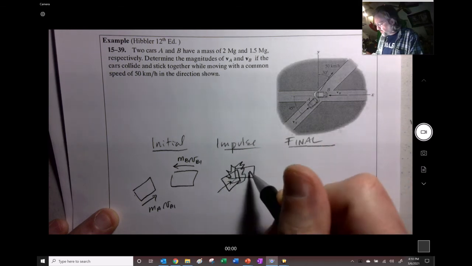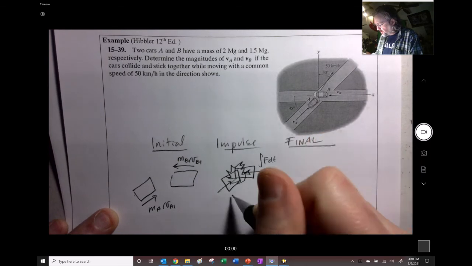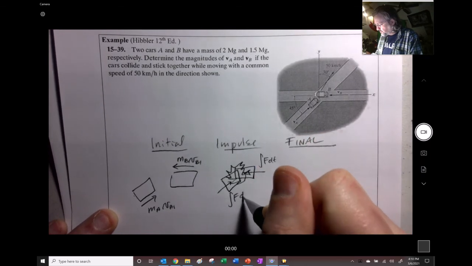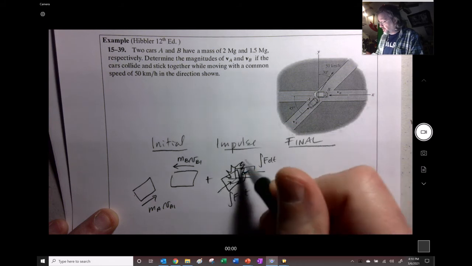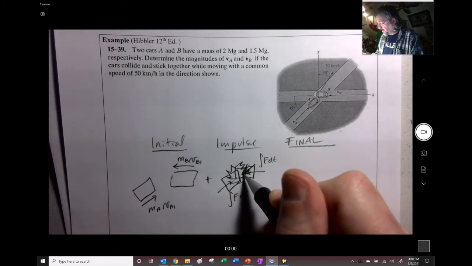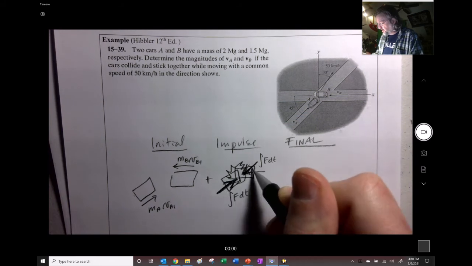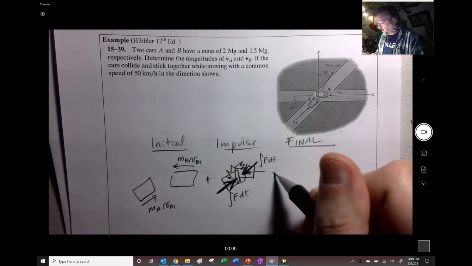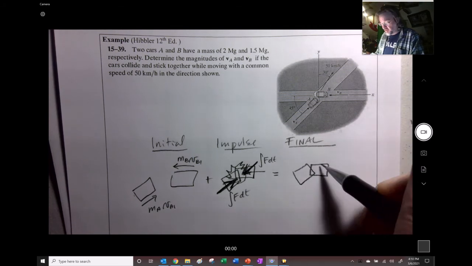And if we were to put in these impulses, they would look like this right here. And they'd be equal and opposite, and therefore they would cancel each other out. They should be in the same direction in order to be equal and opposite, and now I kind of like show them superimposed with each other.